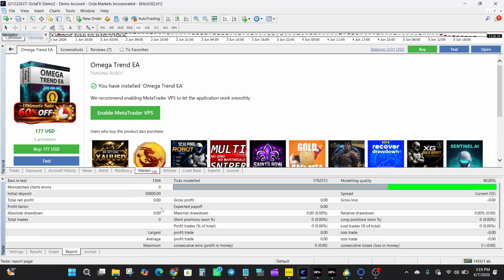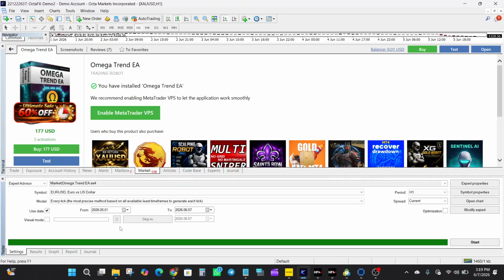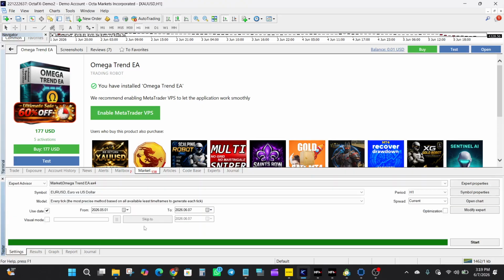All right, so let me just look at the journal. Okay, I don't really see exactly the reason why a trade was not executed, or maybe it has something to do with the duration. So I'm just going to, like I already said, recommend testing over a longer period of time. But let us just look at the EA in action.